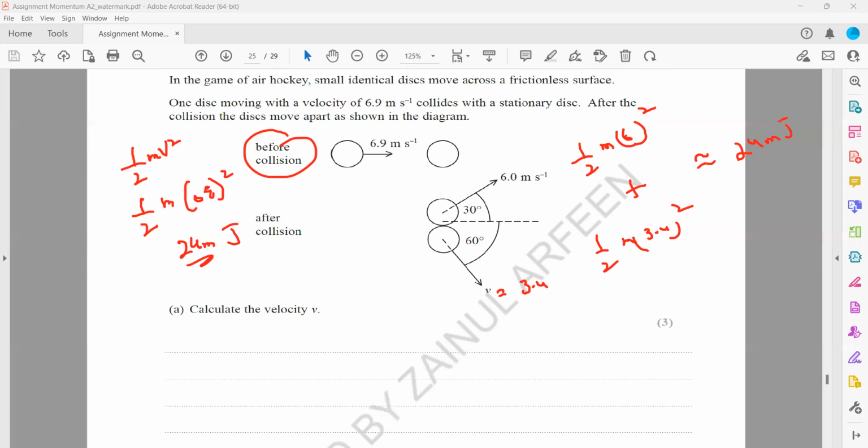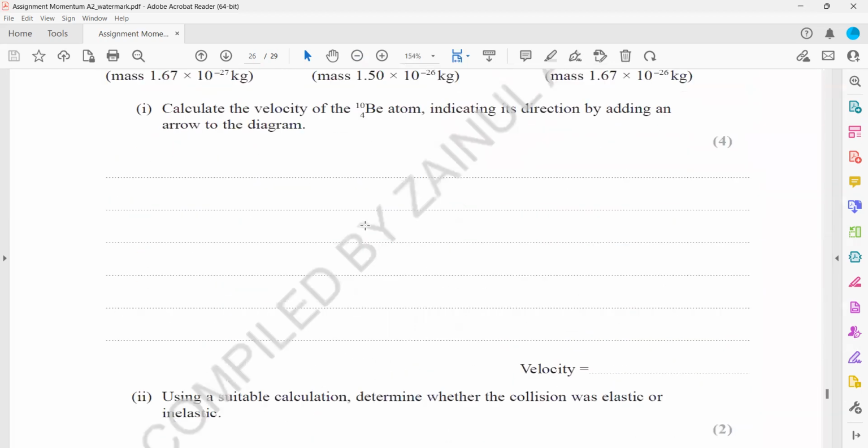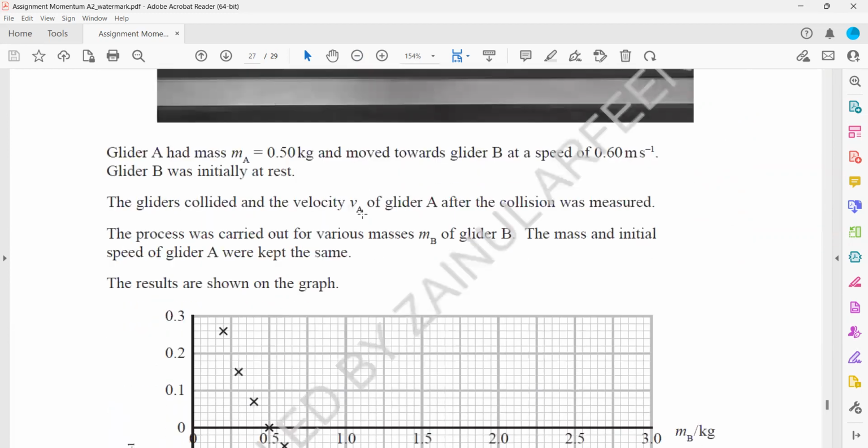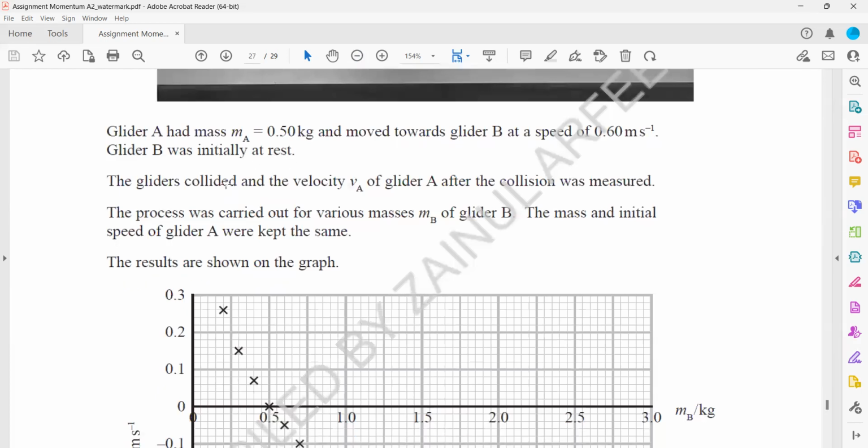Then the last doubt, question 26. A student investigated an elastic collision using an air track. The friction between the glider and the air track was negligible. Glider A of mass 0.5 moved towards glider B at a speed of 0.6, and B was initially at rest.